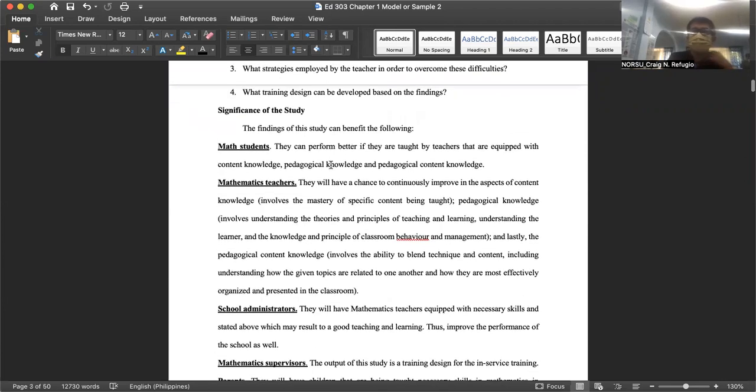Then after that, we have the significance of the study. After the statement of the problem, significance of the study. In some cases, in some formats, after the statement of the problem is the hypothesis. We look at hypotheses if there is a problem that looks for significant difference between and among variables, or significant relationship between and among variables of the study.